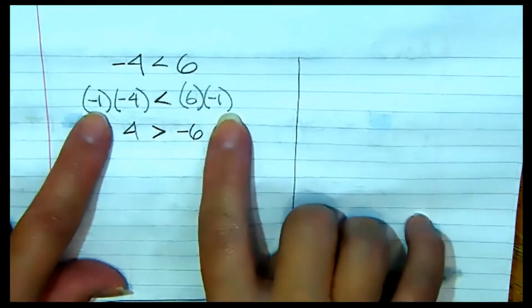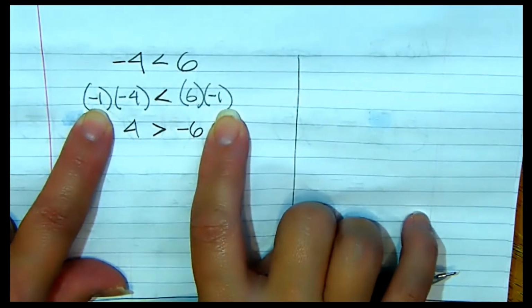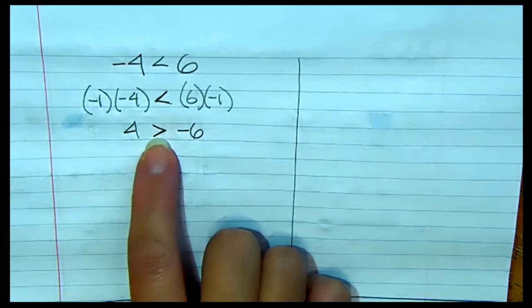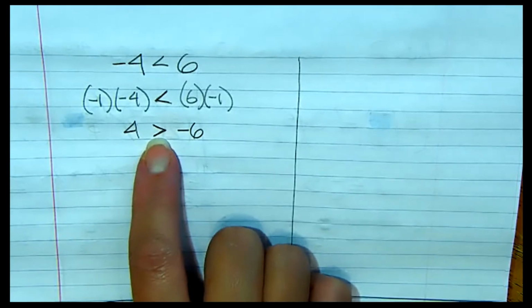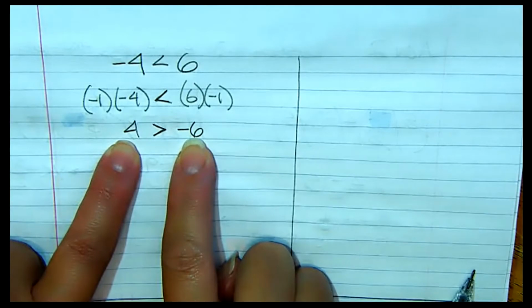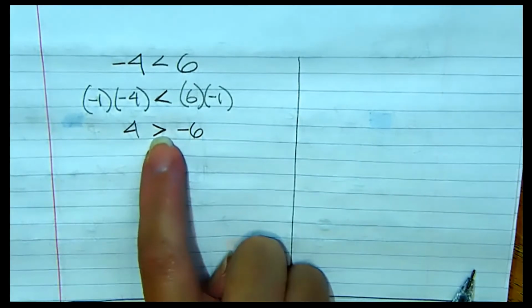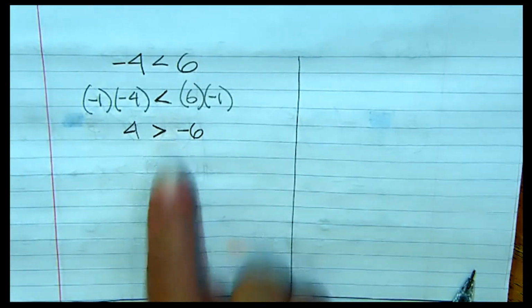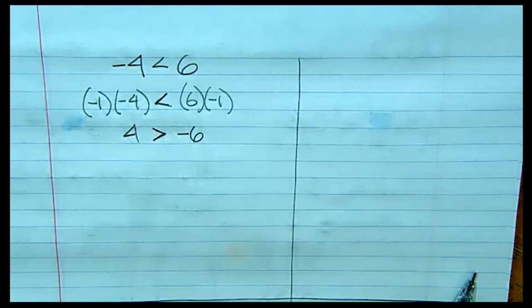And when we multiply each side by a negative integer, we have to flip the inequality sign, because our signs on each side are flipping. Therefore, our inequality sign has to flip so that it's still a true statement.